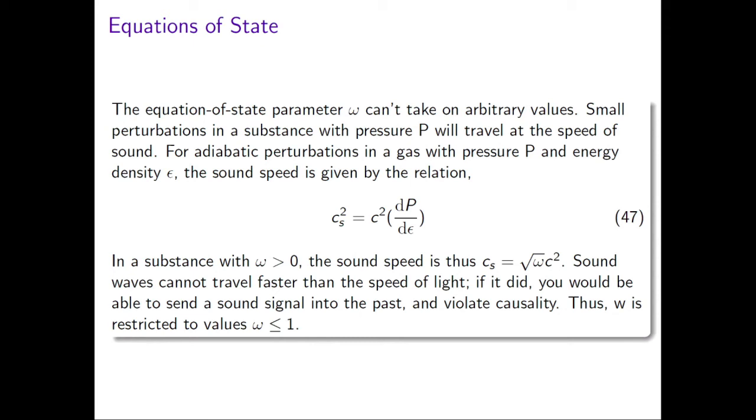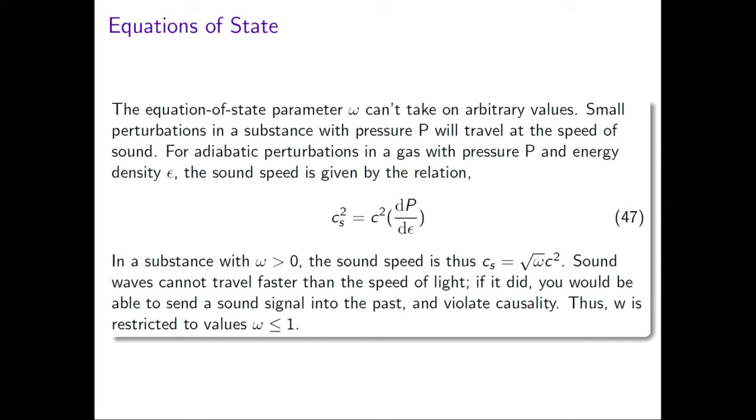So for adiabatic perturbations in a gas with pressure P and energy density epsilon, the speed of sound is given by Cs square equals C square times dP by d epsilon.